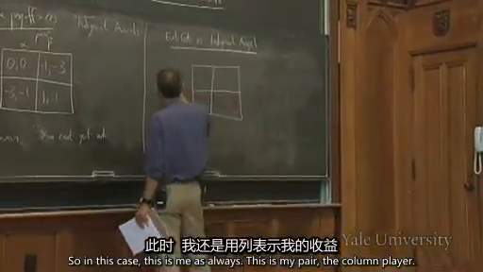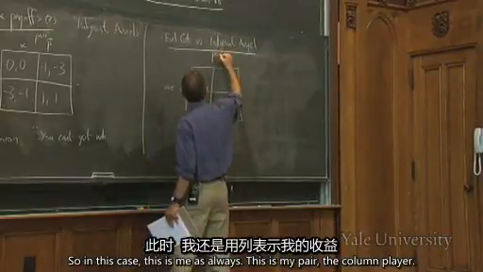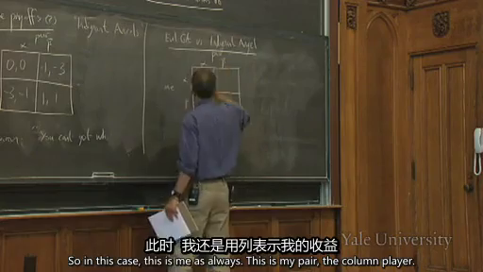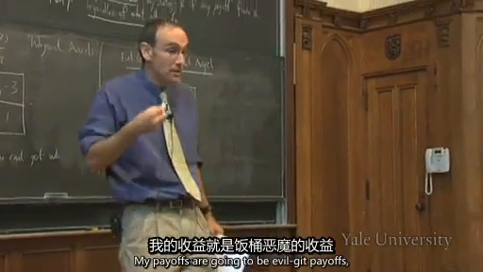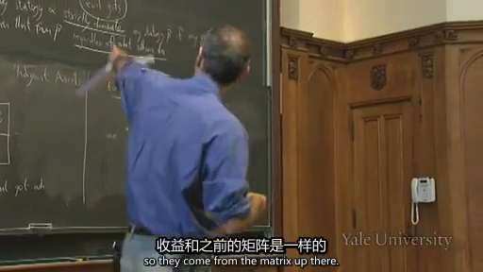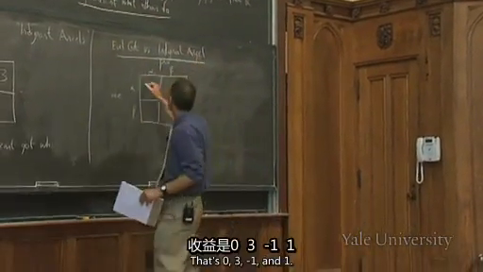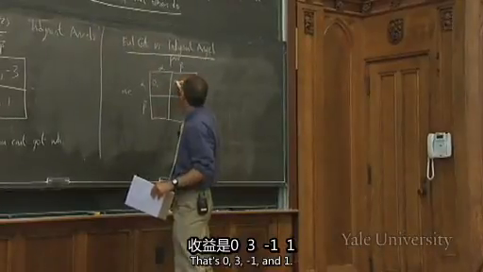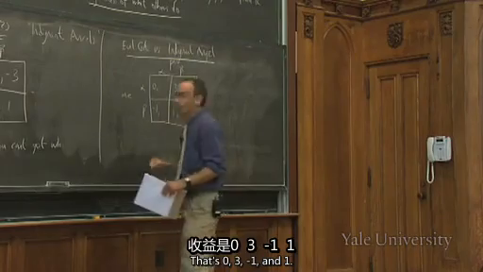So in this case, this is me, as always. This is my pair, the column player. My payoffs are going to be the evil git payoffs, so they come from the matrix up there. Someone has to help me with reading it off there. That's a 0, a 3, a -1, and a 1.